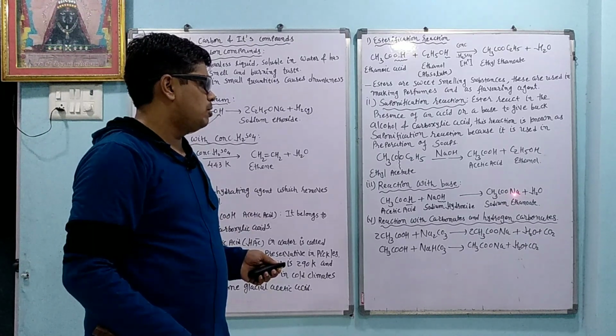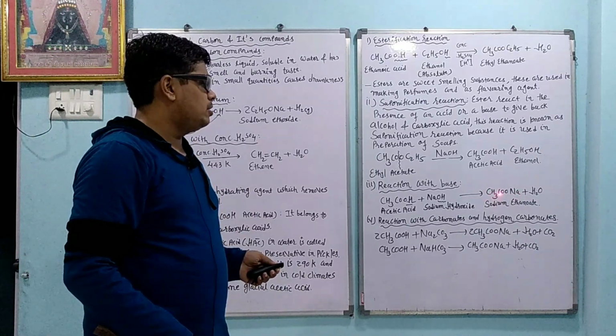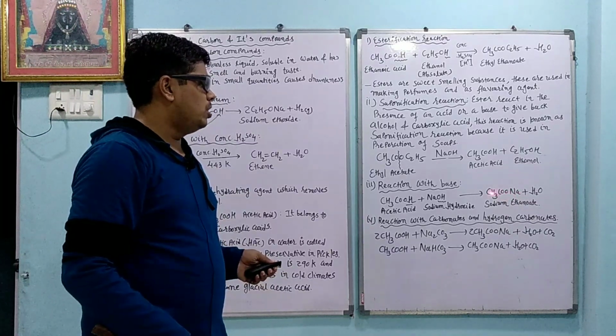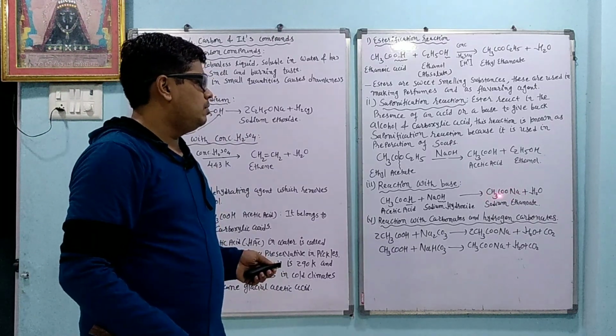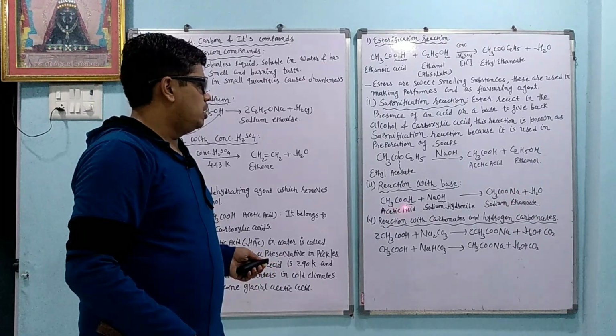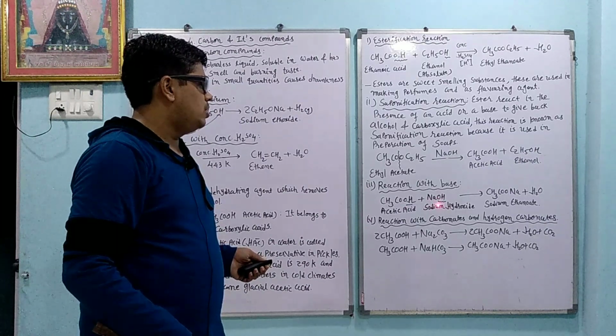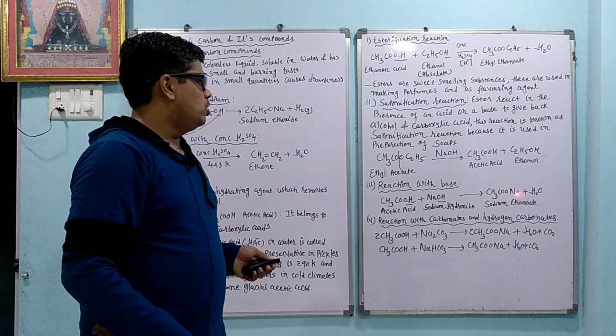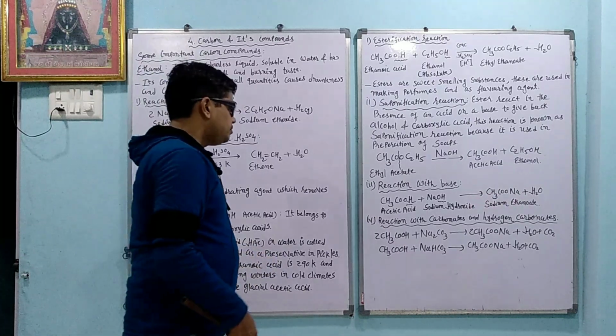We give the name from the back side: sodium, 2 carbon atoms so ethane, COO group is present, so we add the suffix oate: sodium ethanoate or sodium acetate. It has two names. By this reaction we get sodium ethanoate.